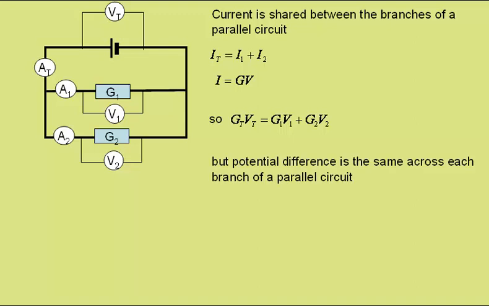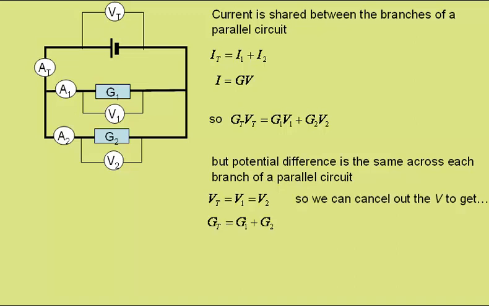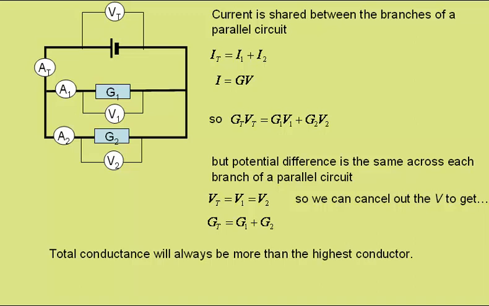But the potential difference is the same across each branch of a parallel circuit, or the total potential difference is equal to the potential difference across branch 1, which is also equal to the potential difference across branch 2. So we can cancel throughout by V to get the total conductance is equal to conductance 1 plus conductance 2.